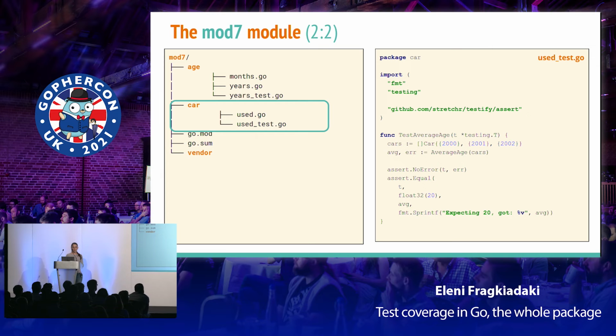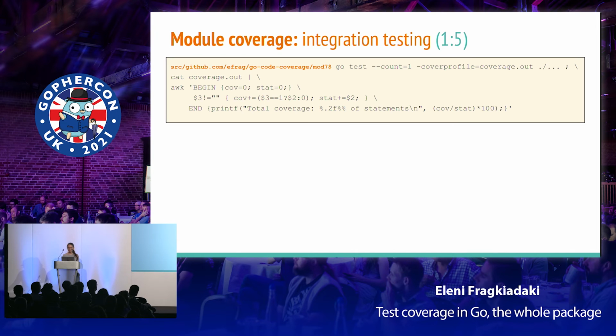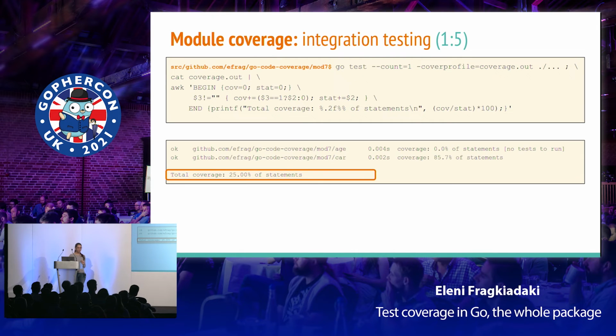And we also have a test for this. We are giving it a list of 3 cars, 2000, 2001, 2002, and we are expecting that the average age is going to come back as 20 years. Pretty old cars. So we run this again, and what we get back is this result, basically. And what does this mean?